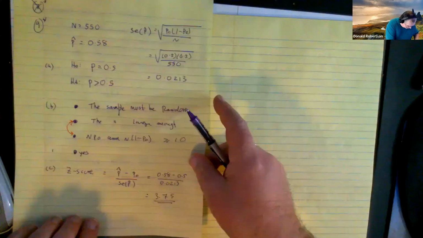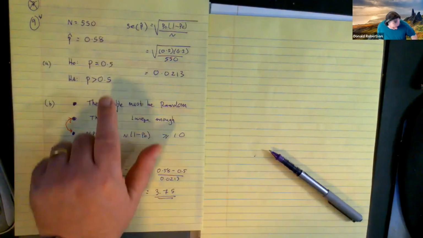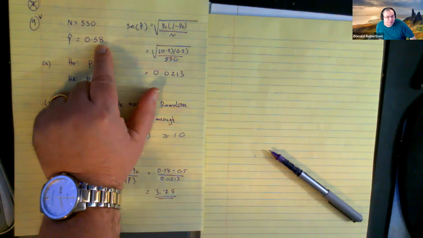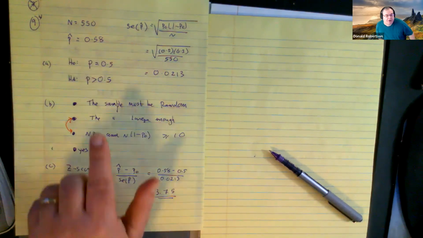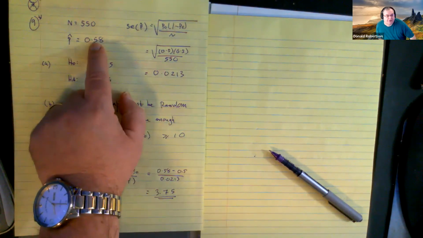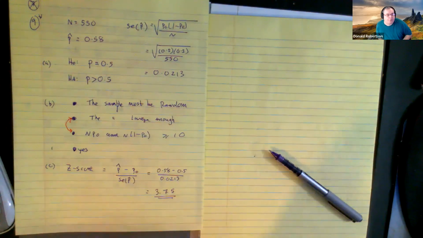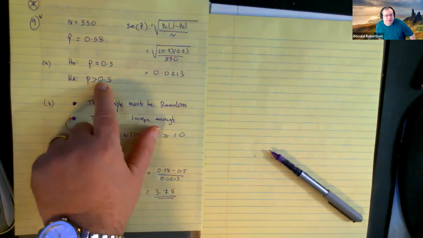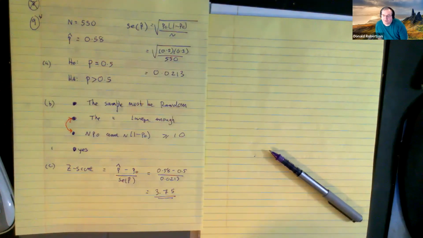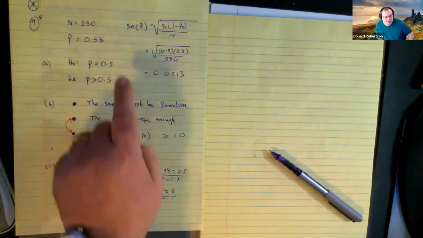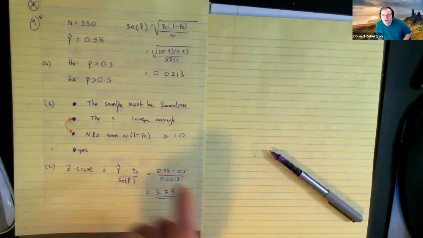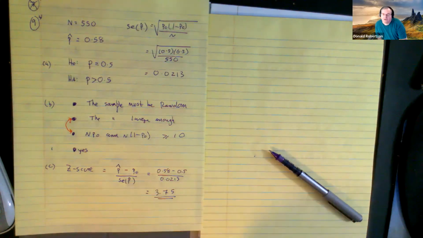Do you think that based on this sample of 550 and the fact that 58% were in favour, that's enough evidence to prove that in the entire Catholic population, more than 50% believe it? What's your gut feeling? Do you think 58%, and especially this Z-score, is going to go in that direction?